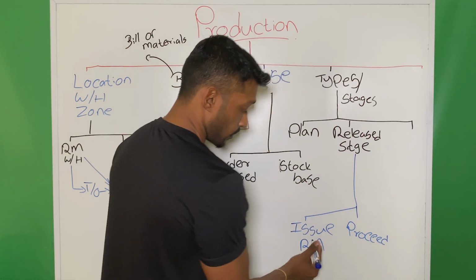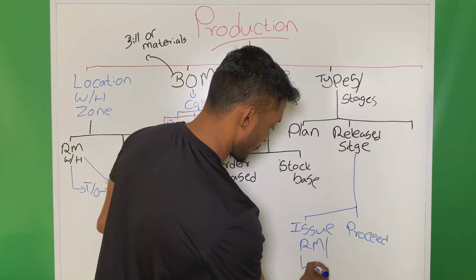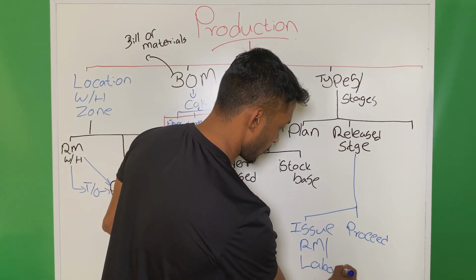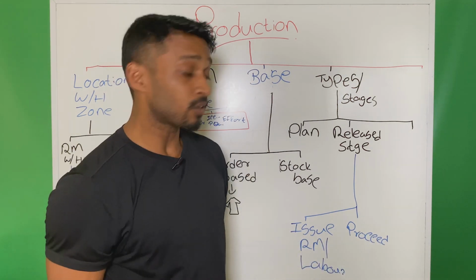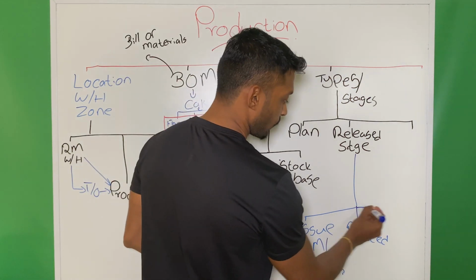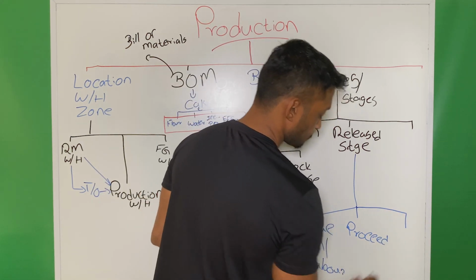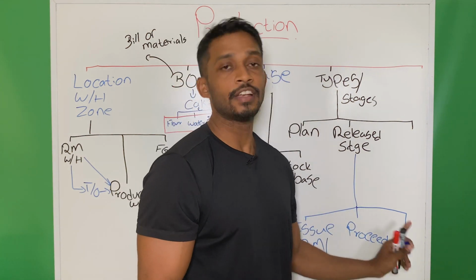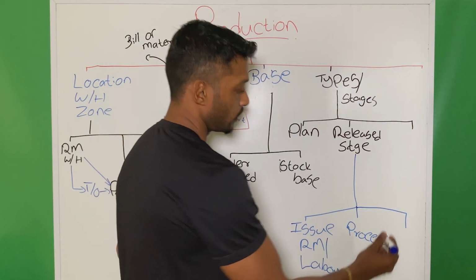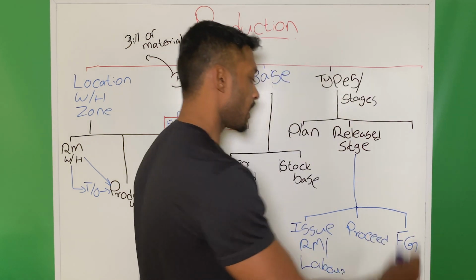The process goes on not only for raw material. There will be labor and electricity, which we call overhead costs. And after that the process will come to an end. End means now we are going to get finished products, simply called finished goods.